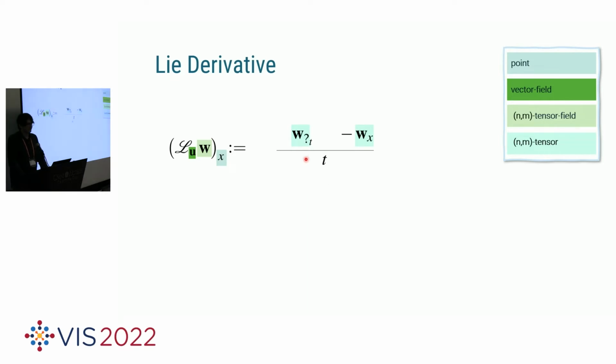Somehow this point needs to depend on the t, because it's some point in the neighborhood with a parameter t. We can shift it, and we will see how we'll do it. And then we divide by t, and we take the limit. So as t goes to 0, that will give us the directional derivative of this tensor field.